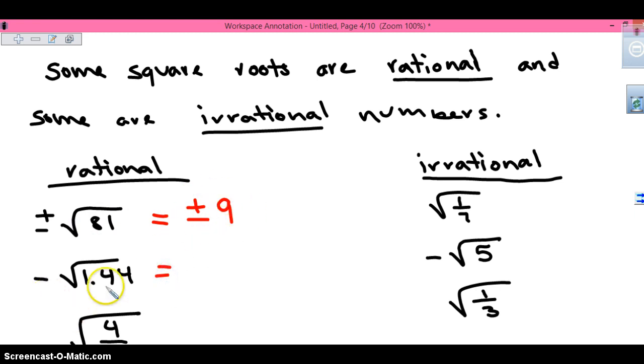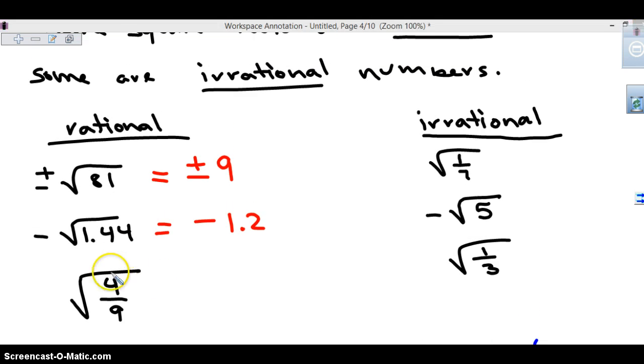What would be the negative square root of 1.44? Would be negative 1.2, a rational number. In decimal form, it terminates. What would be the square root of 4 over 9?